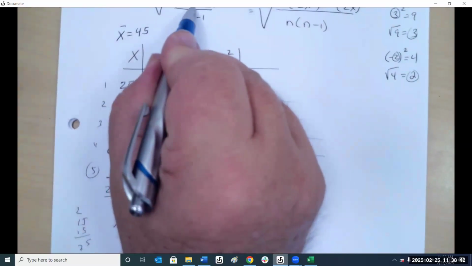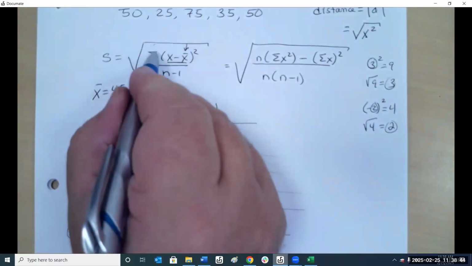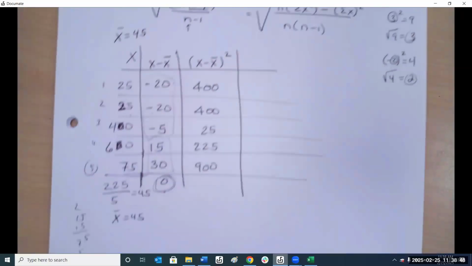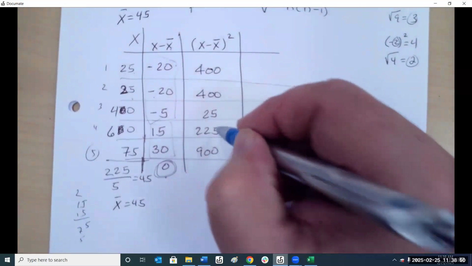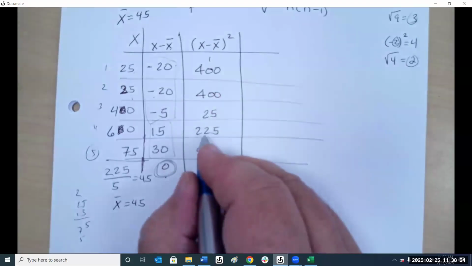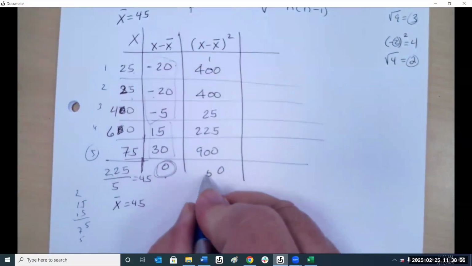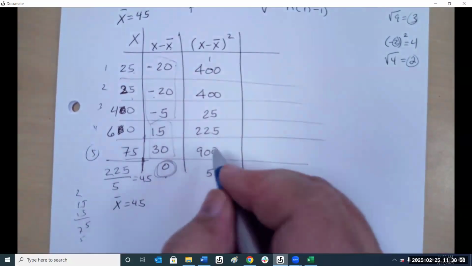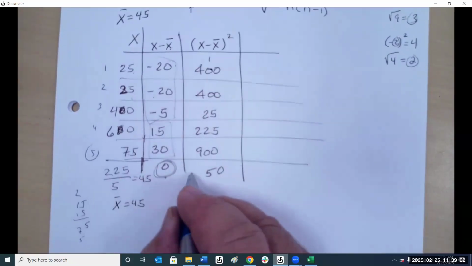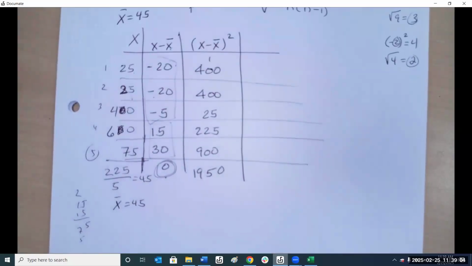Now, according to our formula, we have to add them all together. So we got 5 plus 5 is 0, carry the 1. 2, 4, 5, 8, 17, 1950. Great. You notice that's positive, but it's really big.